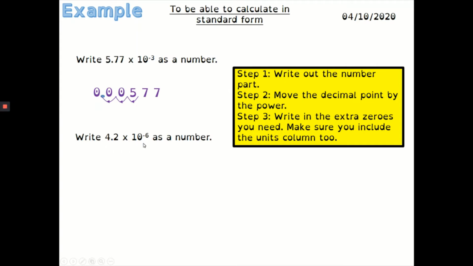For 4.2 times 10 to the power of negative 6, again, I write out my number, I'm moving my decimal 6 times to the left, it'll end up there, fill my gaps with zeros, include a 0 in the units column, so it's 0.0000042.